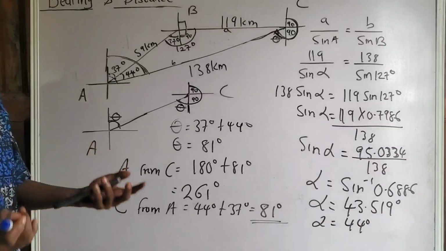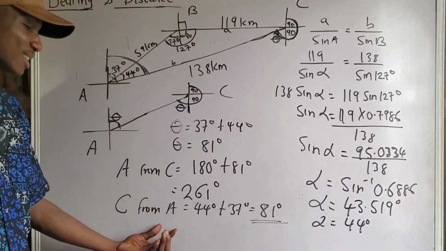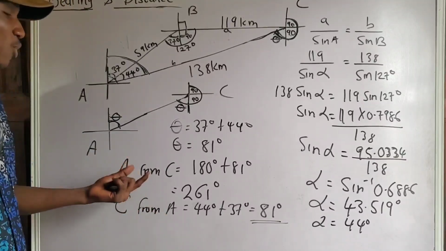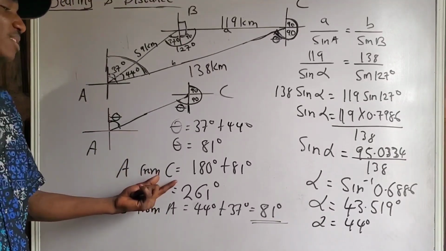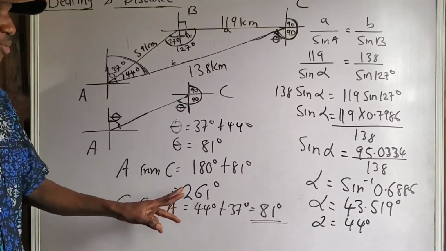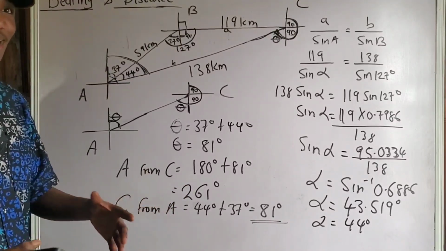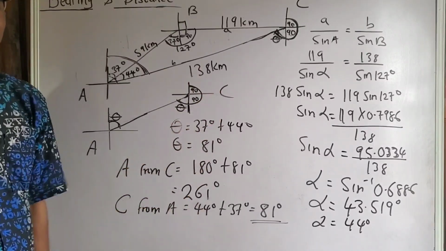Are you getting it? It's simple. So the correct answer is this. And if you also want to get the bearing of A from C, that is 261 degree. This one is correct, but that is not what we were asked to find. I just checked the question and I discovered that I'm actually solving another question. So that is the solution to that question.